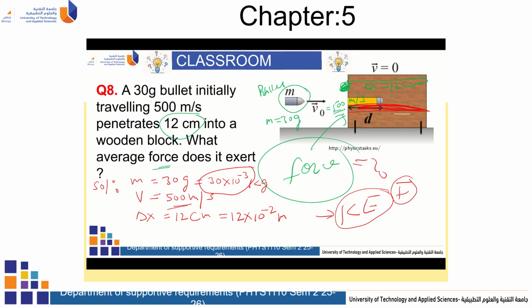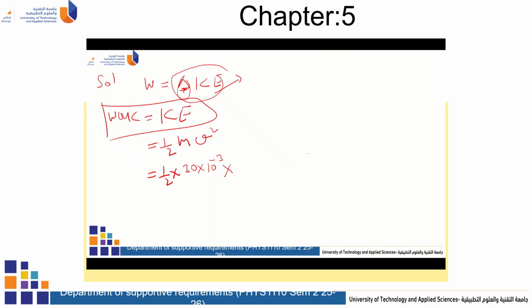So this value I need to put at the place of the v. So v is 500 meter over second, and then the power 2. If I solve it in my calculator, how much will the answer come?